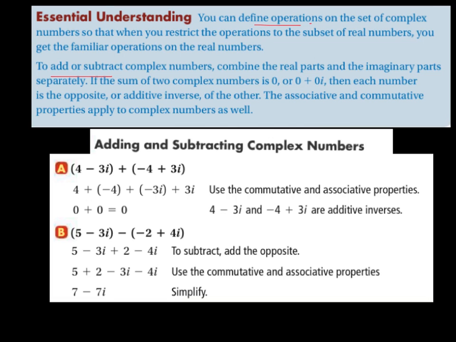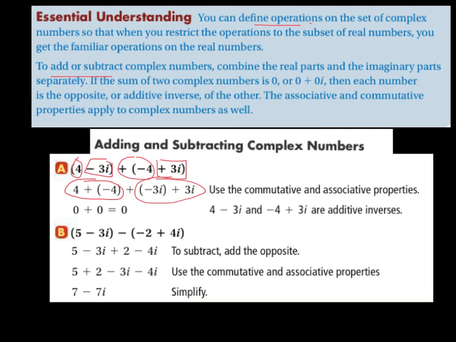So when I'm adding and subtracting complex numbers, I'm adding or subtracting the real portions, and I'm adding and subtracting the imaginary portions. So 4 minus 3i plus -4 plus 3i, I'm going to combine 4 plus -4, so that's this first portion here. And then I'm going to put together the -3i and the positive 3i, that's the second piece, using the commutative and associative properties.